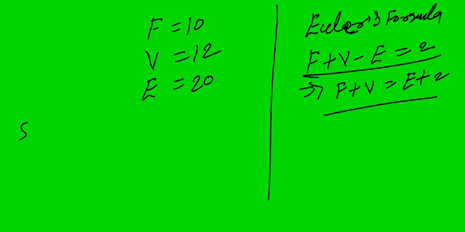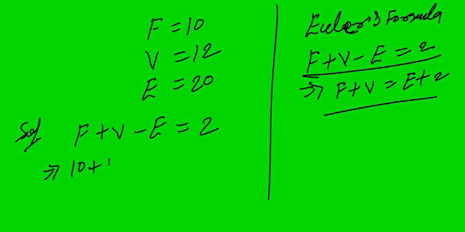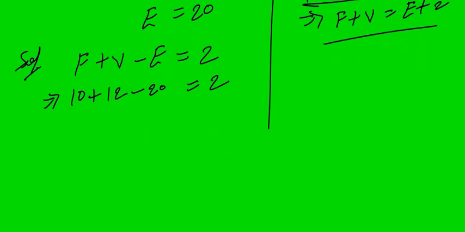So here you will write in solution f plus v minus e is equal to. Here you will find, if it comes 2, then it will be verified. Now we are going to put the values. F is 10, we will write 10. V is 12, we will write 12. E is 20, we will write 20, is it equal to 2 or not. So here you will see the LHS and RHS.